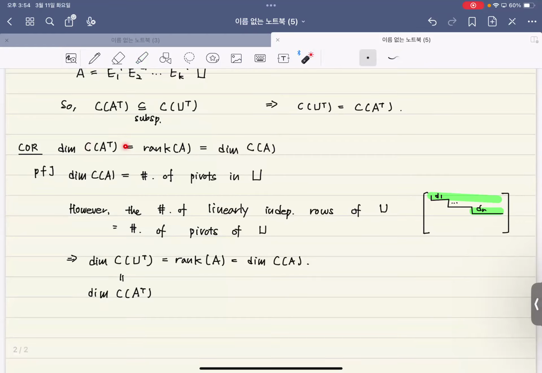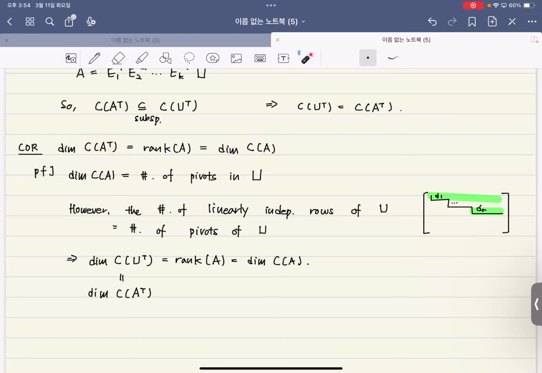The dimension of the row space of A, by definition, can be considered as the number of linearly independent rows of matrix A, right? But this number turns out to be the same as the dimension of the column space.